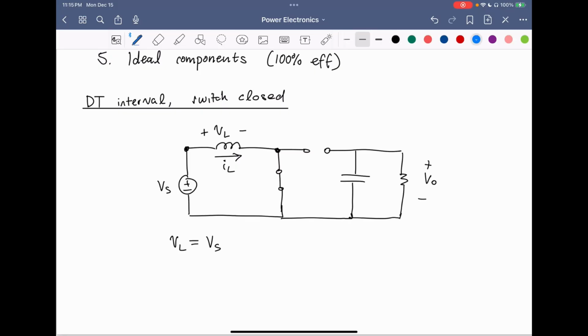In this interval, we have the inductor current circulating in this direction. Because the voltage across the inductor is positive, we have the inductor current increasing in this direction.